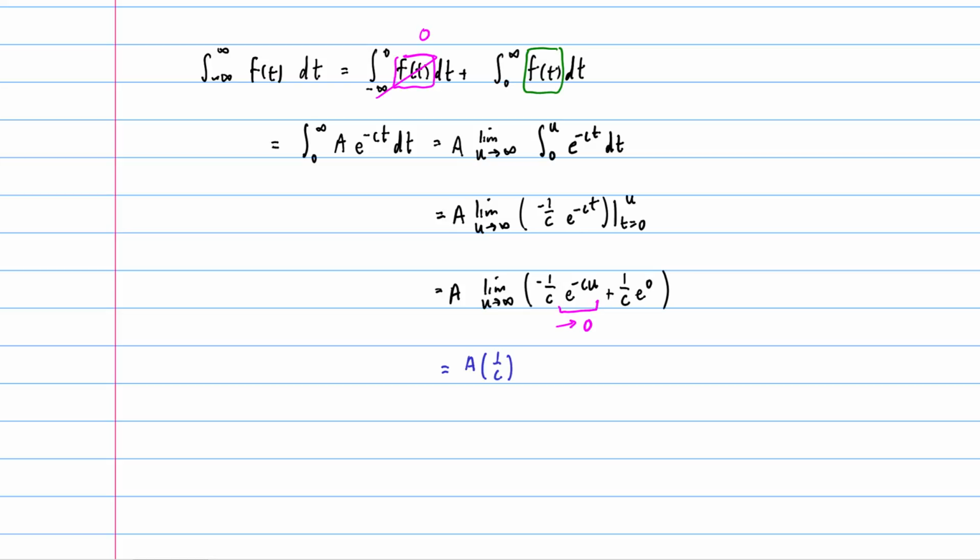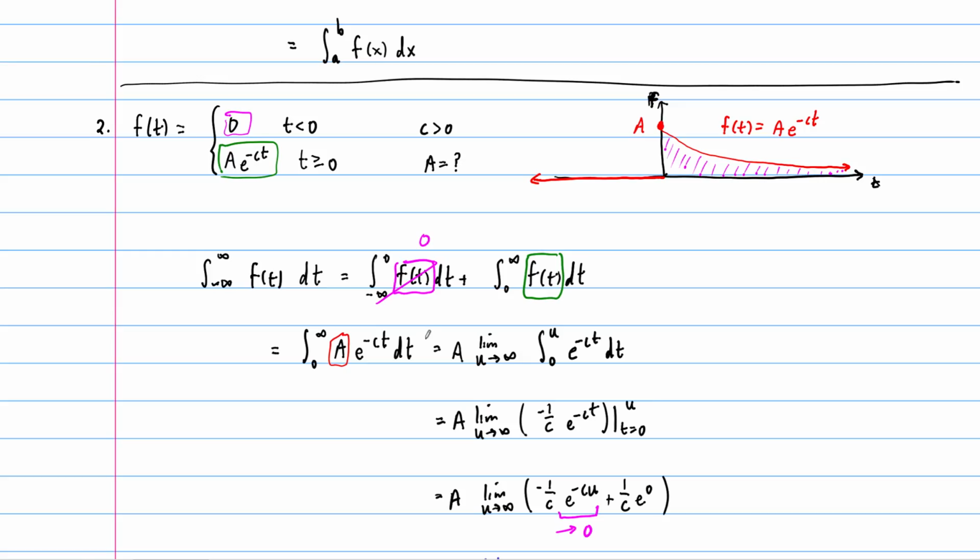And now we have to remember what our goal was. Our goal was to make this integral equal to 1, right? Our goal was to find a that forced this integral to be equal to 1. Well, what does a have to be now? You can multiply over, or you can just do this by inspection. But this tells us that a has to equal c, and we can go back up and answer our question, which I didn't write down specifically: what does a have to be to make this a probability density function?